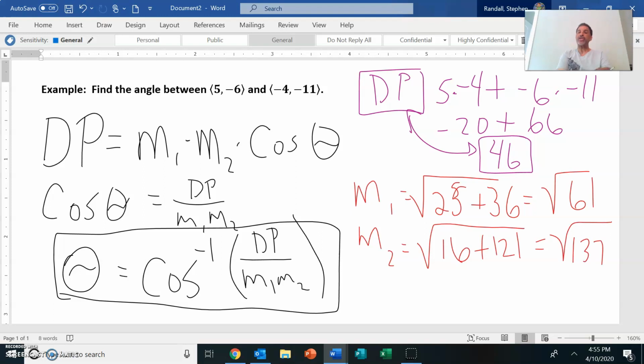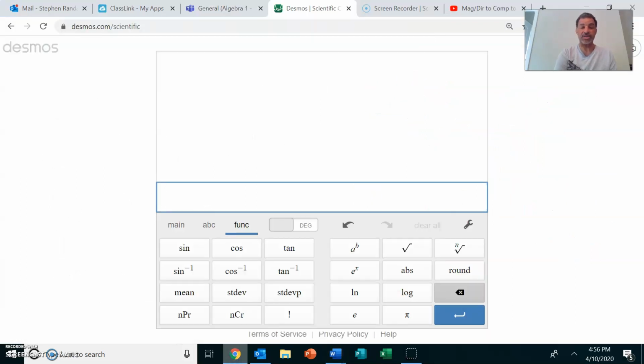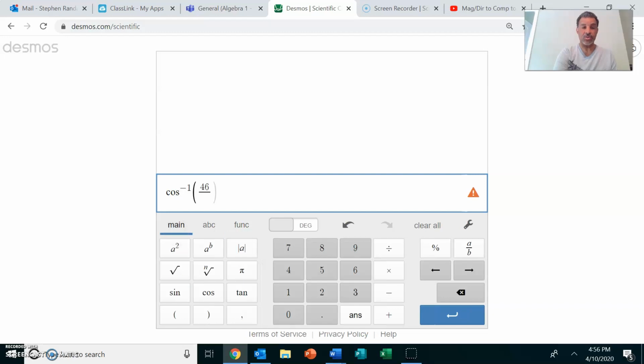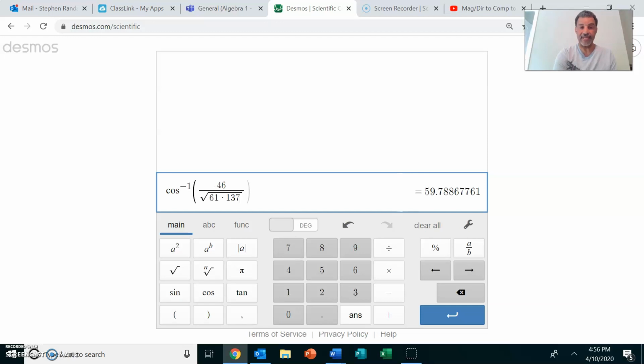So, if we then want to find the angle, we plug these numbers into our formula, so let's go to our calculator. It's going to be cosine inverse of 46 divided by the square root of 61 times the square root of 137.